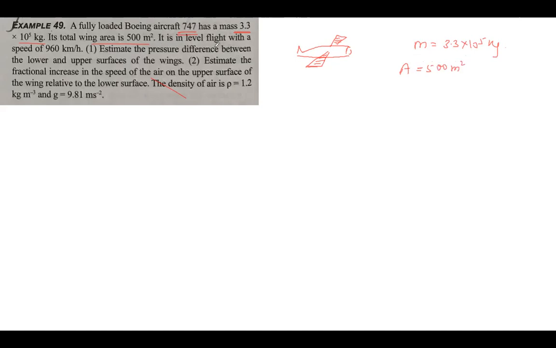It is in level flight with a speed of 960 kilometer per hour. So speed of this flight is 960 kilometer per hour.